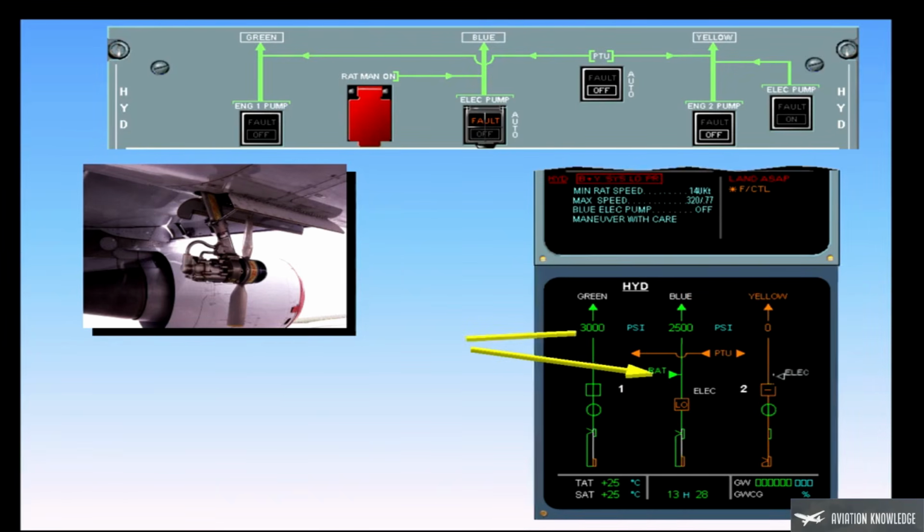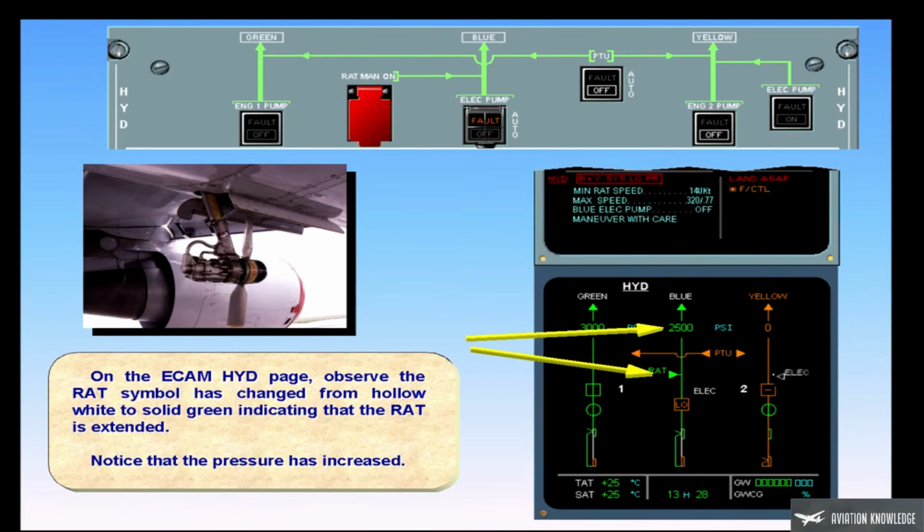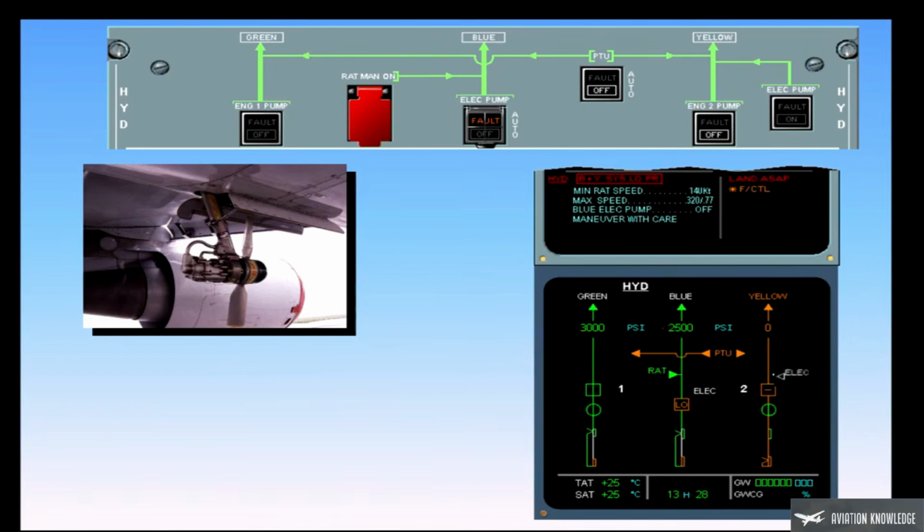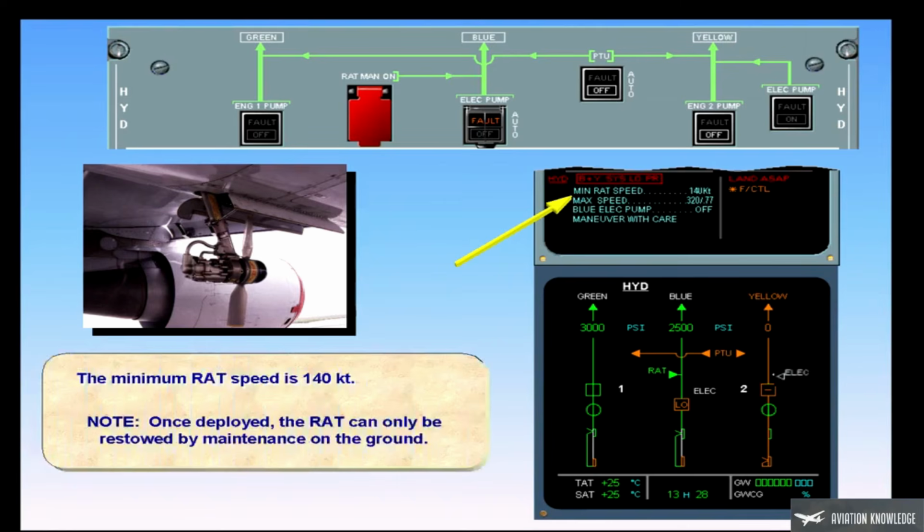Notice that the pressure has increased. The minimum RAT speed is 140 knots. Note, once deployed, the RAT can only be restowed by maintenance on the ground.